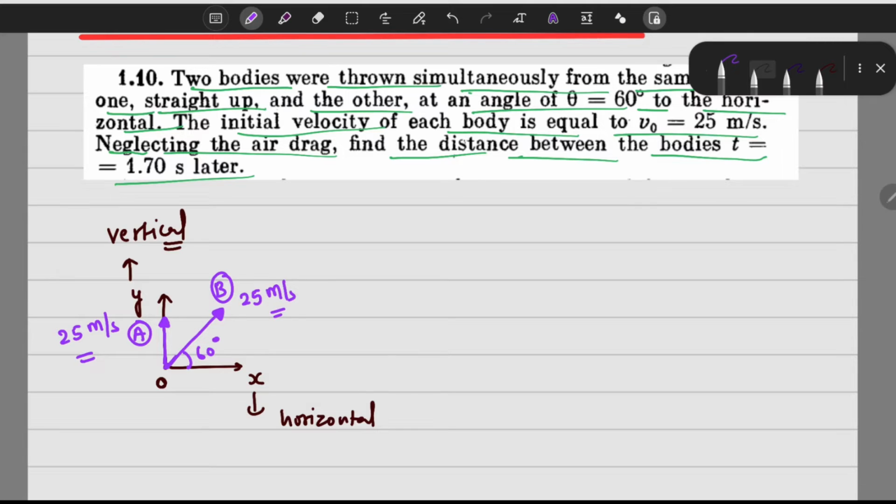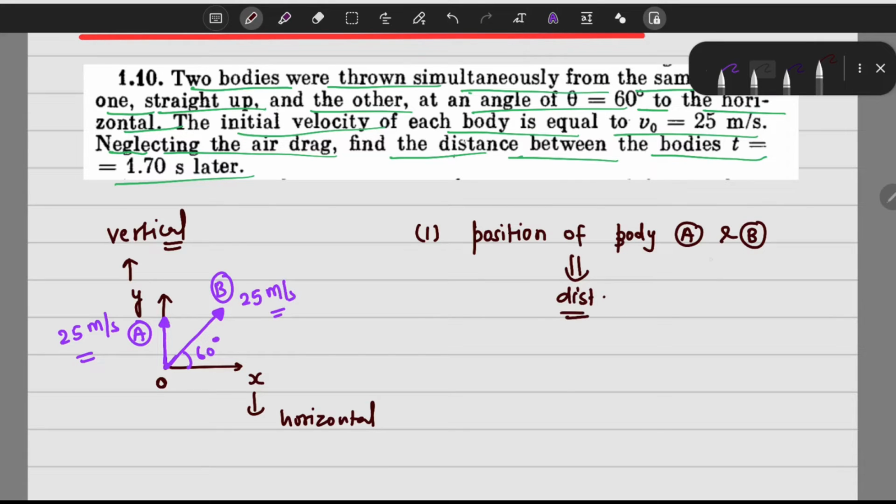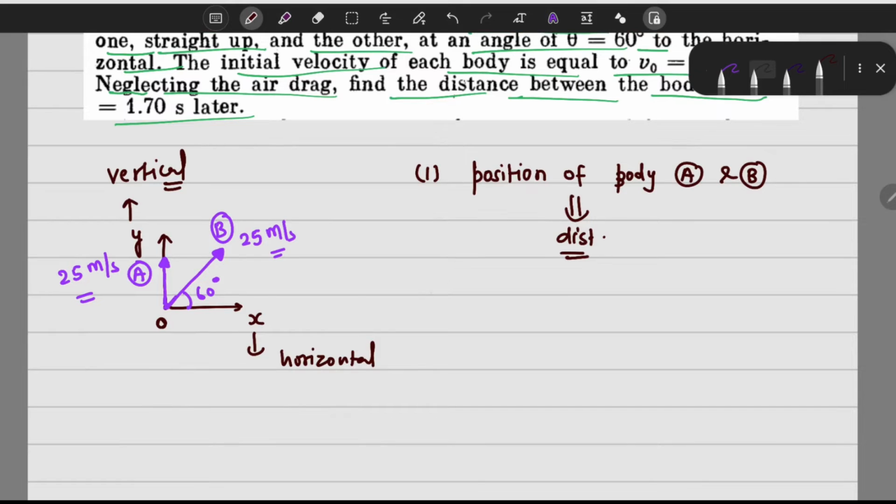Now there can be different methodologies to solve this problem. In the first methodology, we can find the positions of body A and B, and then find the distance between those two positions. In the second methodology we can use the concept of relative velocity.